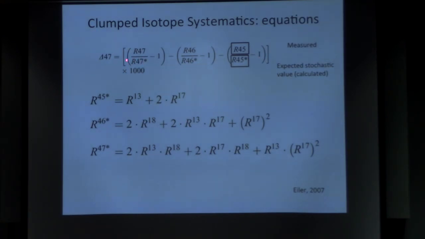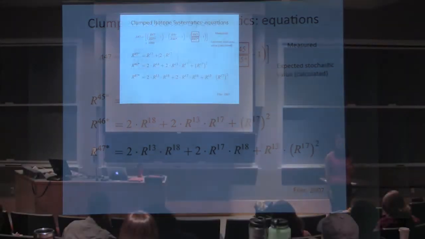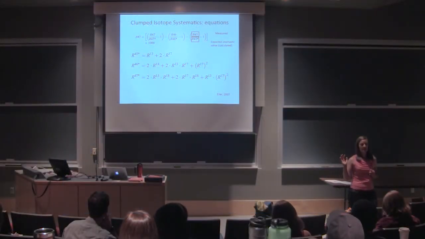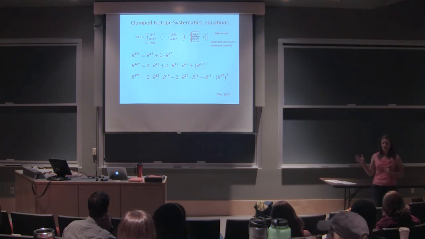You have these 47 ratio, 46 ratio, and 45 ratio star values, which are essentially your expected stochastic value. So it's calculated, and these are the equations they use to calculate that. And you can see it factors in a lot of knowledge of your C13 ratios and your O18 ratios.